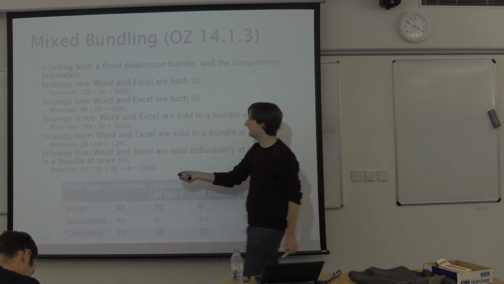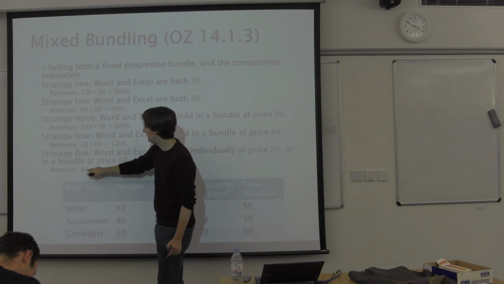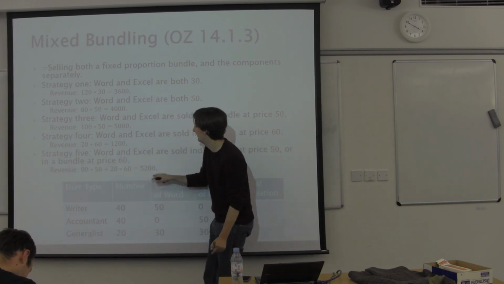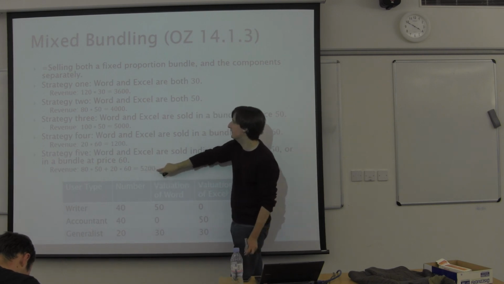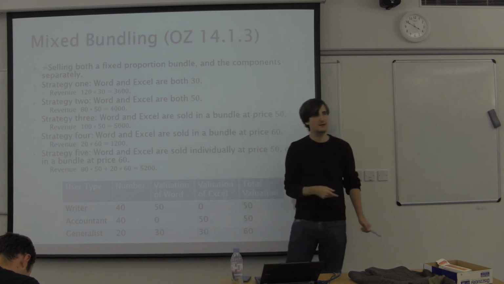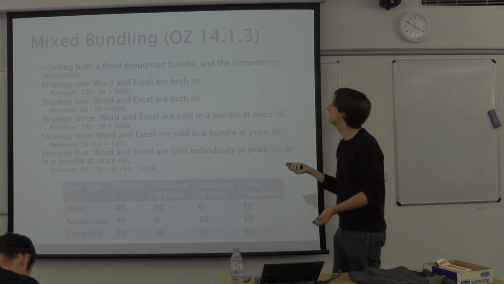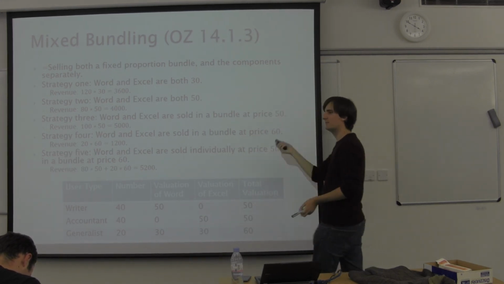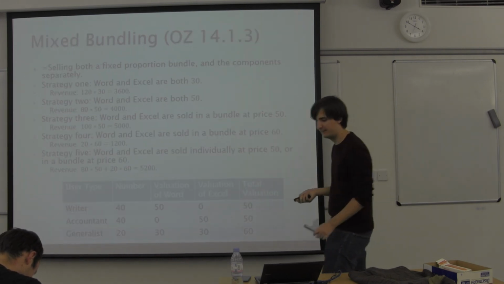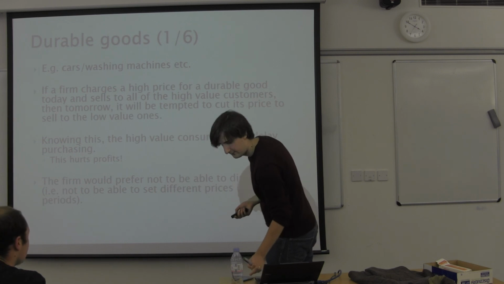This is going to make you a revenue from 80 copies of Word or Excel and 20 copies of the bundle, so total revenue of 5,200. So this is even better than pure bundling. So by selling these mixed bundles, a firm can even further increase their profits.